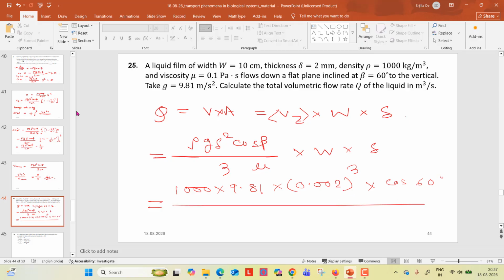So W is 10 centimeters. So 10 into 10 to the power minus 2. So 10 centimeter is 0.1 meter and 3 mu is 0.1. So now if you calculate, you will get.